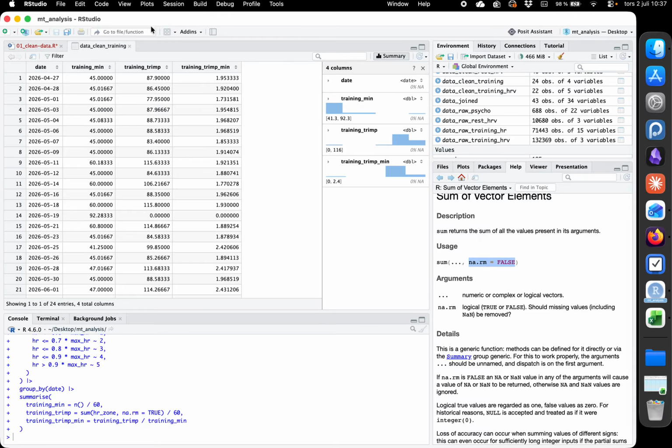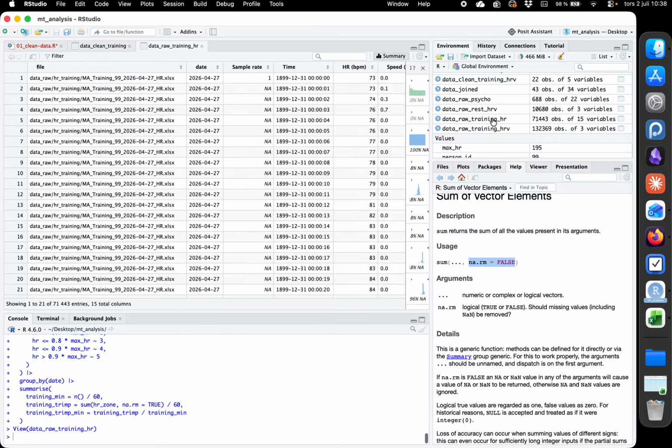But now when we go in and look here, we see training, and here we see that we have one with 0, right? So we have a training trim of 0. That doesn't really make sense, right? Because probably at any moment of the workout, this person should have done more than resting heart rate. So if we go and look at this one, the 19th of May, we check which date did we say?